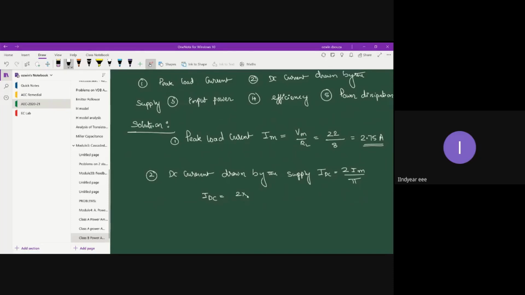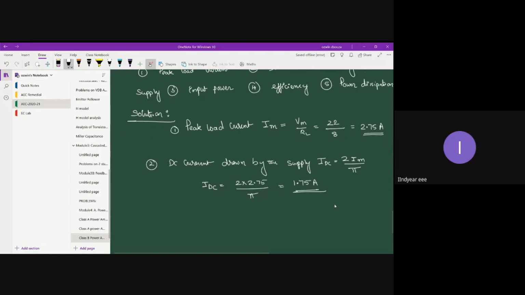In the previous step, we calculated IM, so that's 2.75 divided by pi. So how much will you get? It's 1.75. So IDC is 1.75 amperes. Okay.